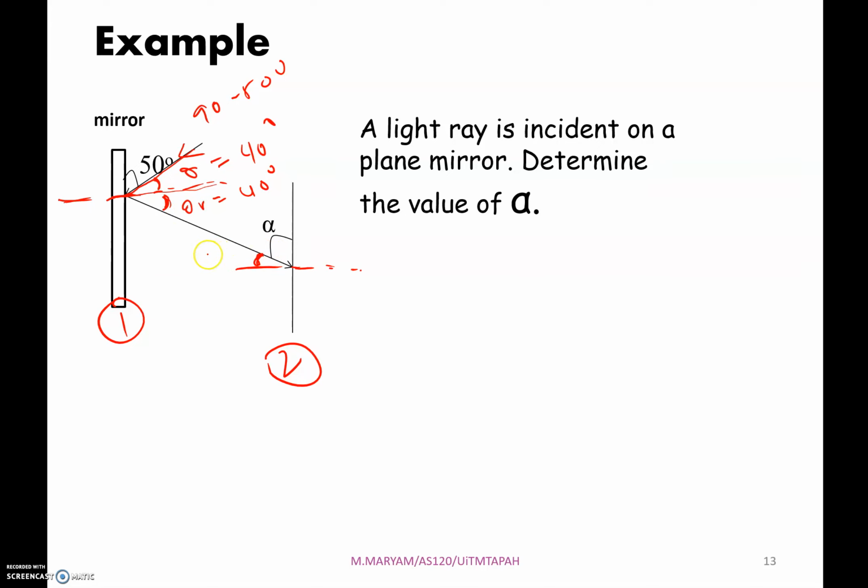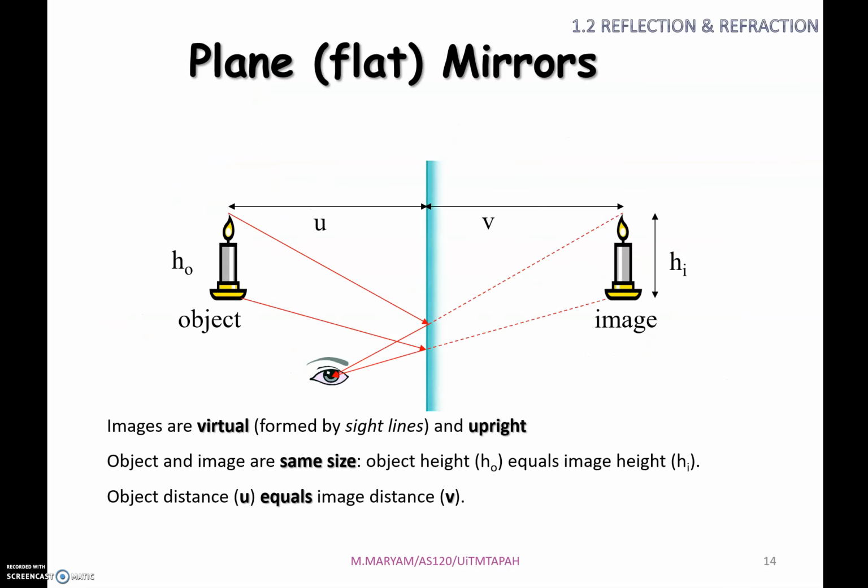So the incident angle here will be 40 degrees as well, but they do not want the incident angle, they want the value of alpha. So 90 minus 40 will give you 50 degrees here. So the value of alpha will be 50 degrees. Try to find another exercise, or you can also do the tutorials to get more practice on this.